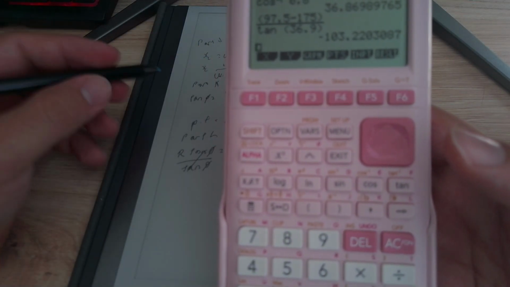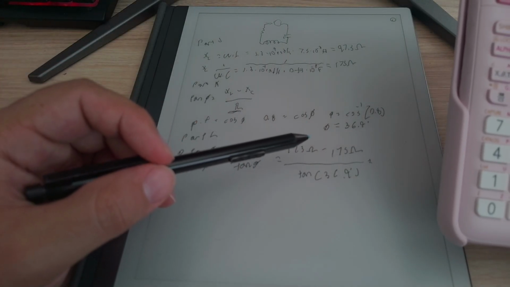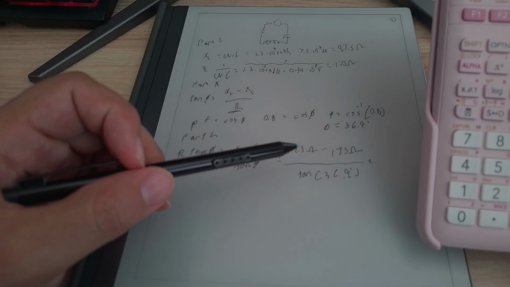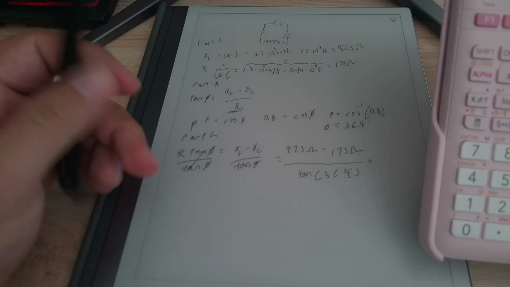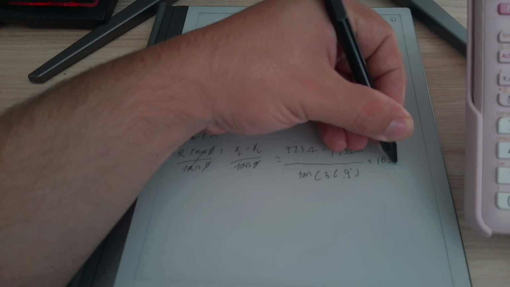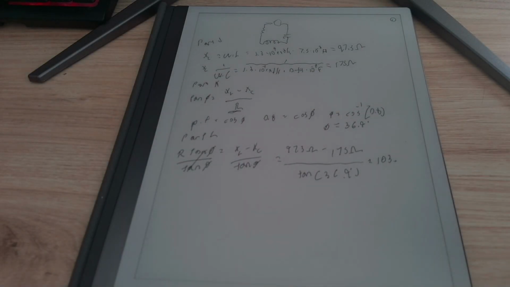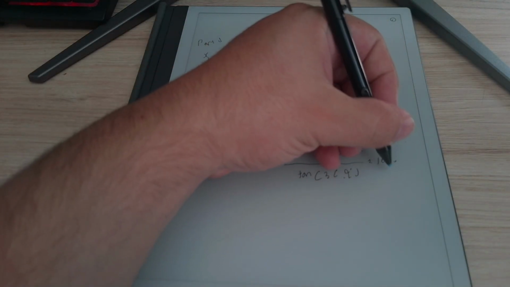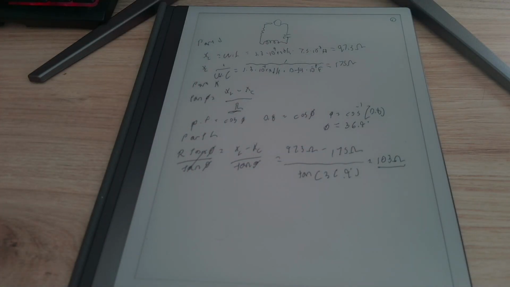And that's going to give us 103 ohms, and that'll be our answer. So the answer is going to be 103 ohms, and that's our resistance for the circuit.